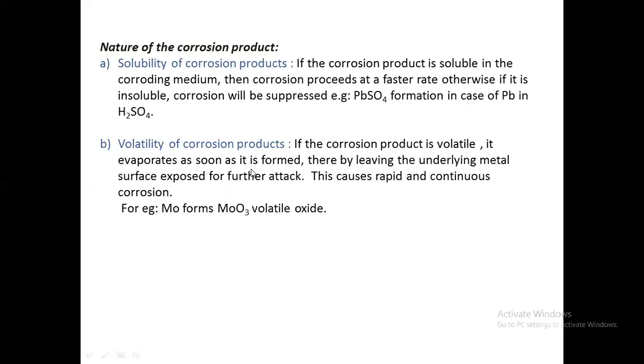In another case, the best example is molybdenum trioxide. As soon as it is formed, it is volatile, and if it is volatile, there is no layer on the metal surface. The metal surface is exposed to the environment, and then it undergoes corrosion. So if the corrosion product is soluble or volatile in the medium, then obviously the metal will undergo further corrosion.